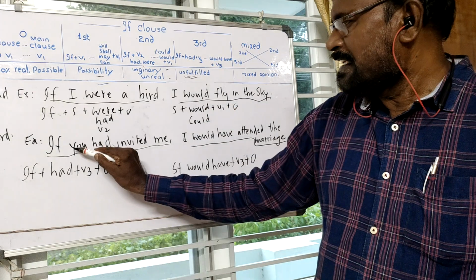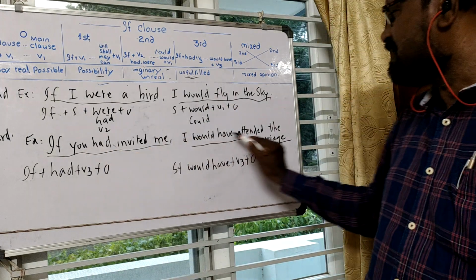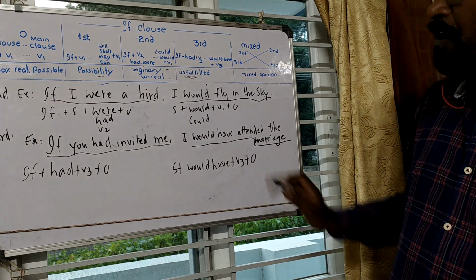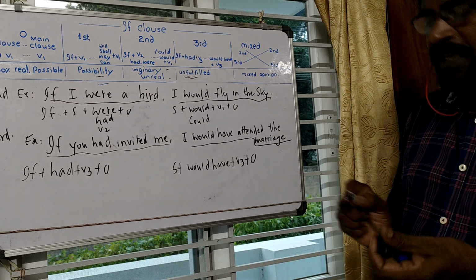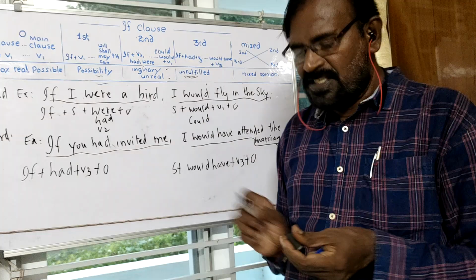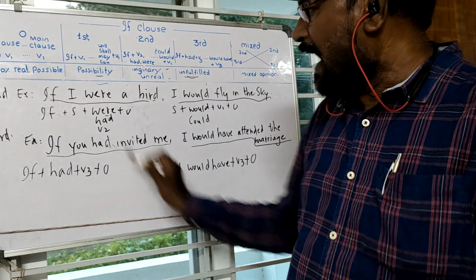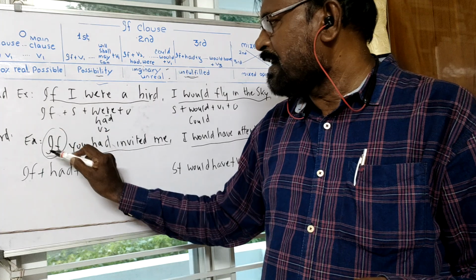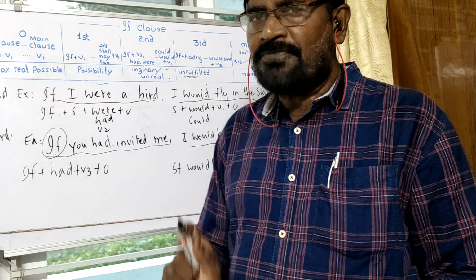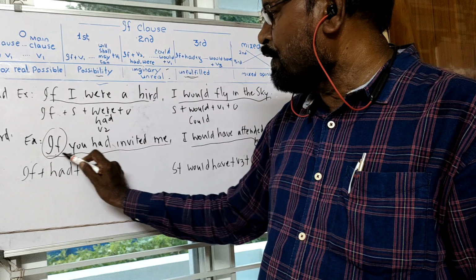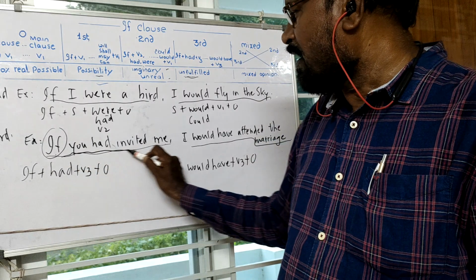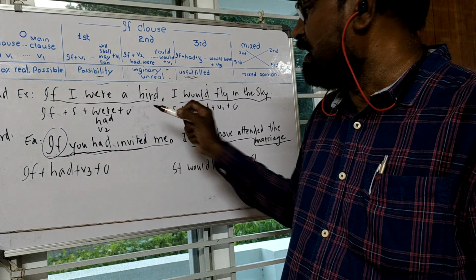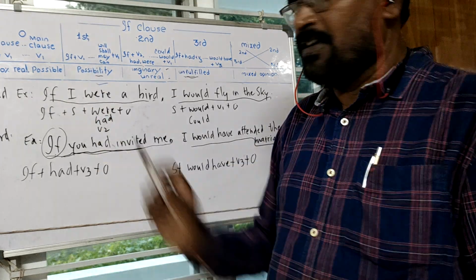We know this is the subordinate clause and this is the main clause. Here we have to keep one thing in our mind while writing these things. That is, as we are writing the subordinate conjunction in the beginning of the sentence, we use the comma at the end of the subordinate clause.